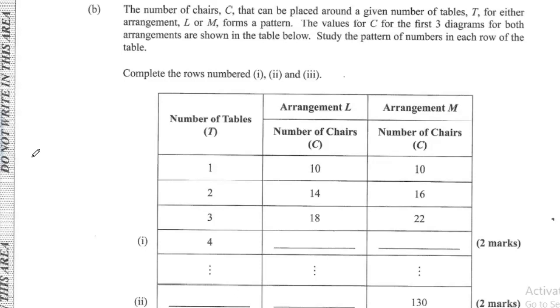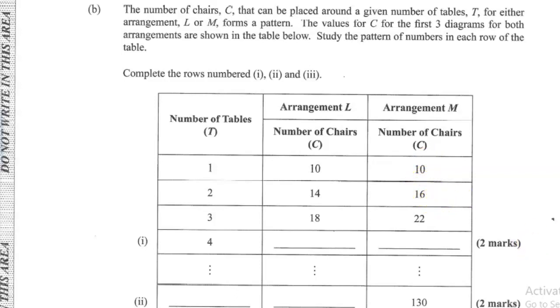So study the pattern in each row of the table. Alright, so when you have arrangement L, 1 table is 10 chairs, 2 tables, 14 chairs, and so on. Alright, notice the chairs are increasing by 4. And for arrangement M, notice the chairs are increasing by 6.